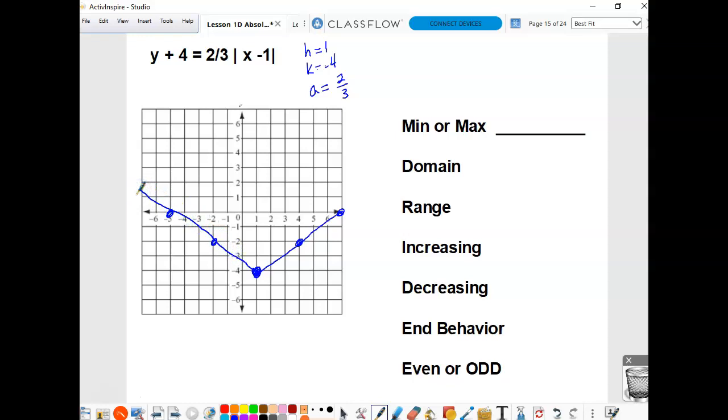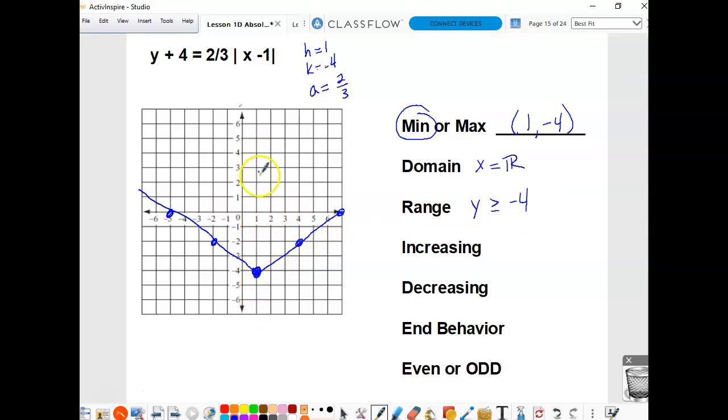Okay. It does have a minimum. It's going to be at the vertex, which was 1, negative 4. The domain is x equals all real numbers. The range is y is greater than or equal to negative 4. It's increasing after the axis of symmetry.